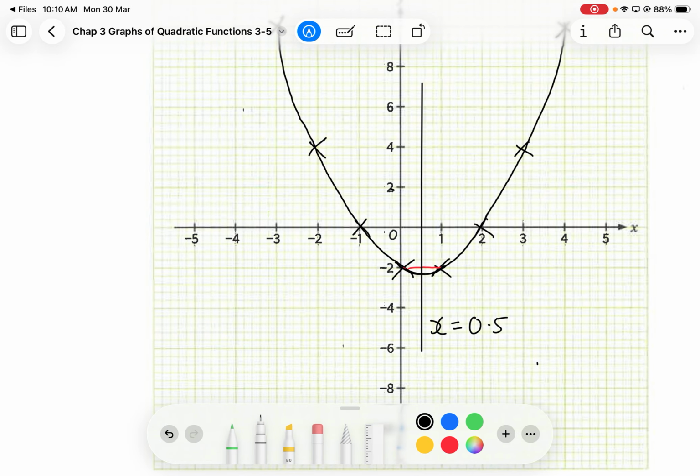When it is here, x is 0.5, y is 0. When it is here, x is 0.5, y is 2. When it is here, x is 0.5, y is 4. When it is here, x is 0.5, y is negative 6. But everywhere on this vertical line, x is all the same. So we call it x equals to 0.5. Okay?